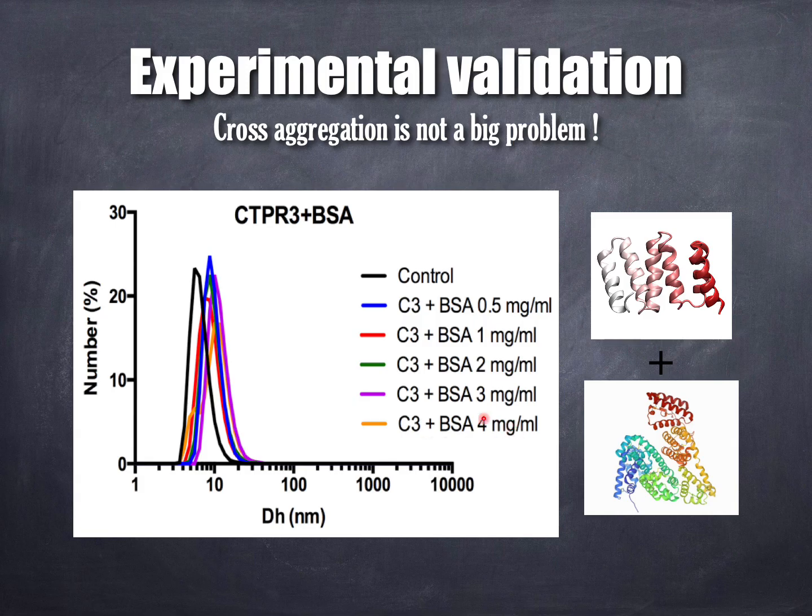And of course, you have to be below the BSA aggregation limit of 5 milligrams per milliliter. But the total concentration of protein was above the one of aggregation of the CTPR, indicating that indeed as long as you are below, there is no aggregation.